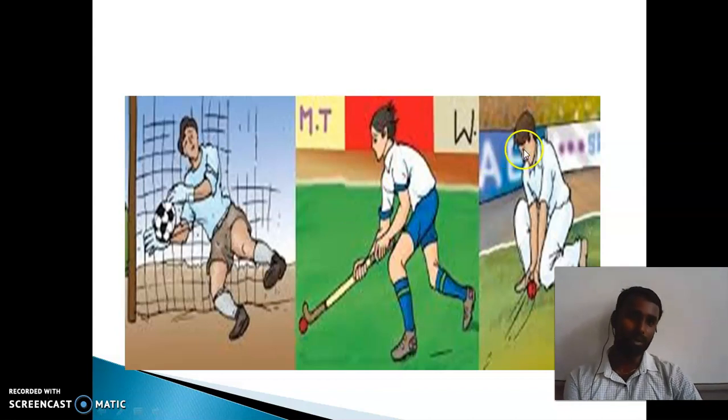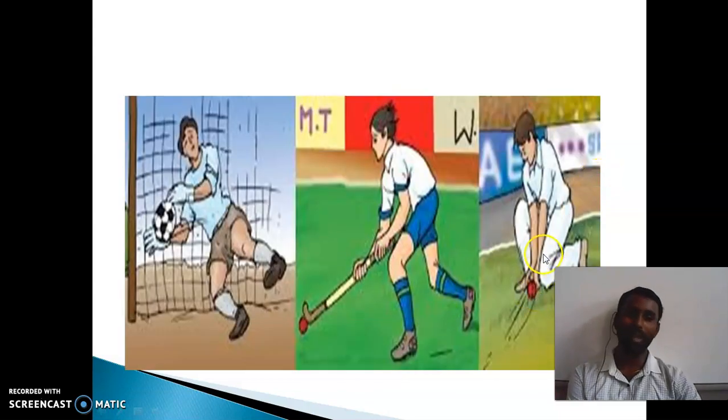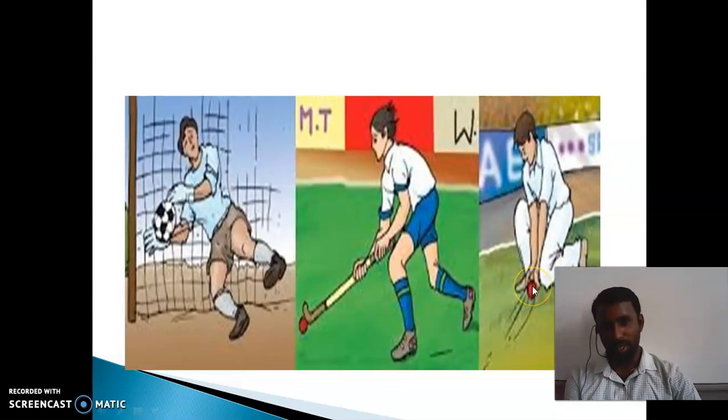The third one is at the boundary line, where one person has stopped the ball. Suppose he had not stopped it, what would happen? It would go to the boundary for four. So he changes its movement.